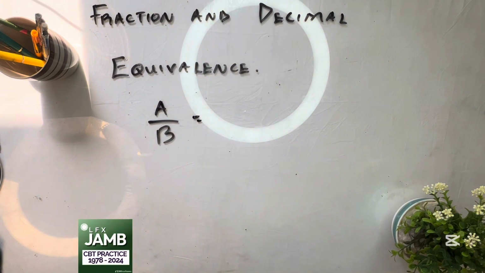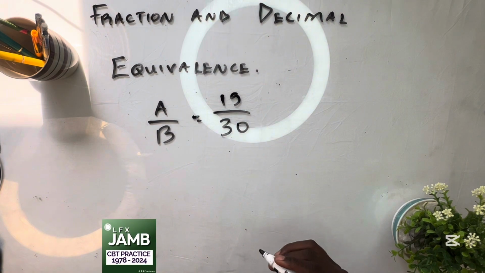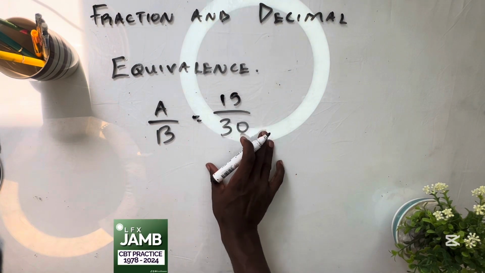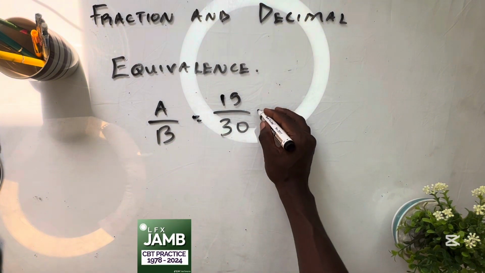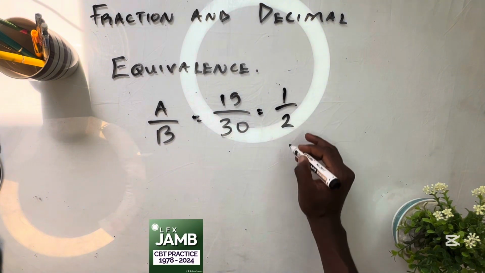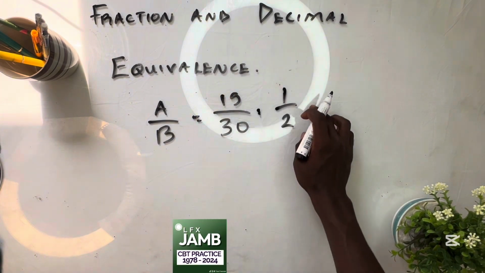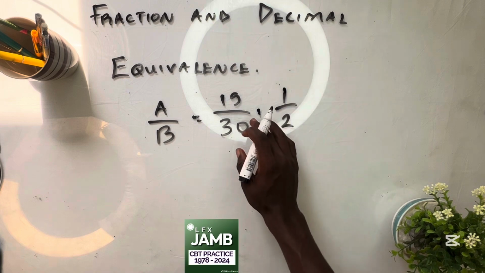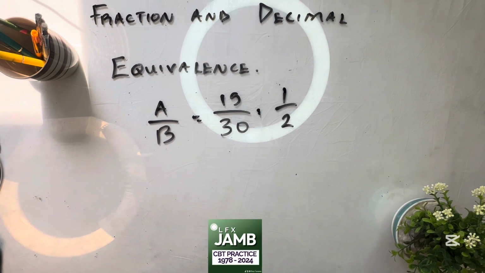Let's say, for instance, we have 15 over 30. 15 over 30 is a fraction, and when broken down, can further give us 1 over 2. 15 over 30 is an equivalent fraction of 1 over 2 because they have similar factors in them. So this is an example of equivalence fraction.